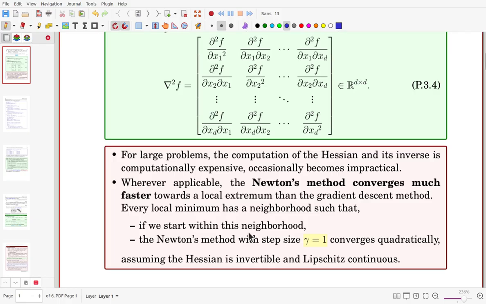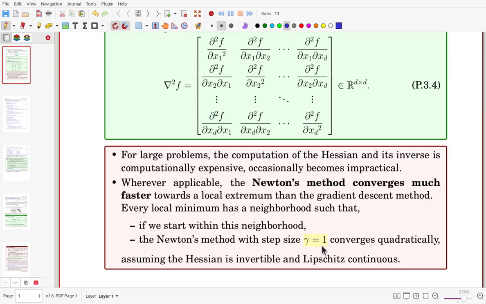If we start with some good initialization, there is a neighborhood, and if we start within the neighborhood, then the Newton method will converge quadratically with the parameter 1.